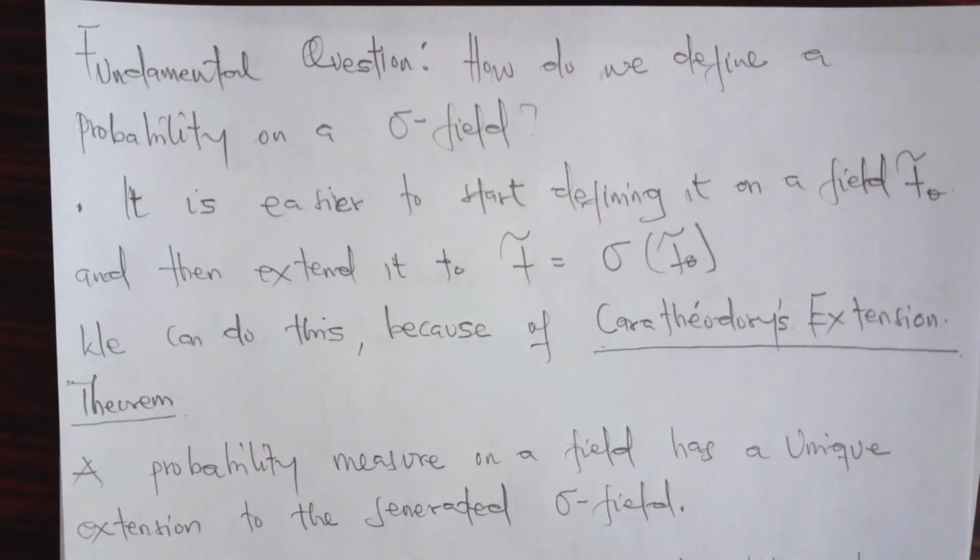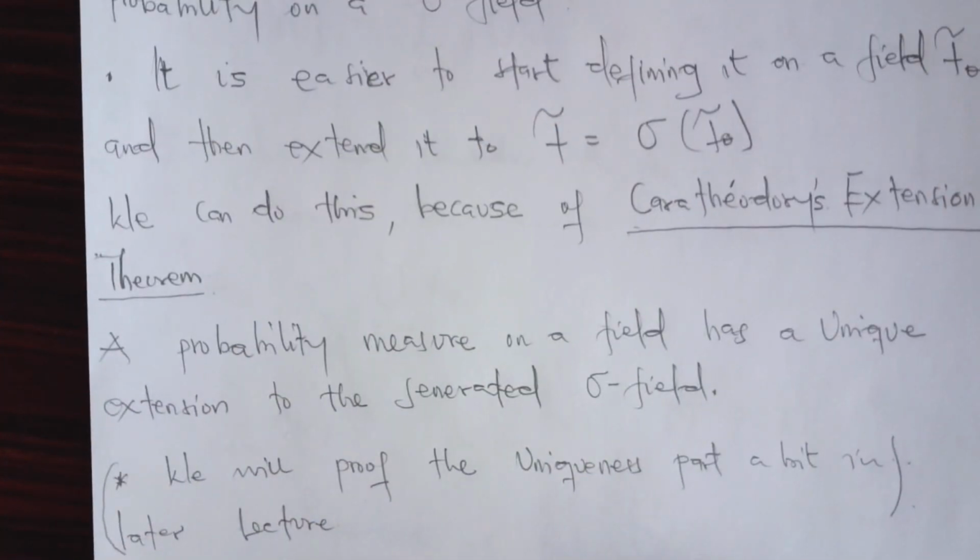That's the Caratheodory extension theorem. We state that a probability measure on a field has a unique extension to the generated sigma field. We will prove the uniqueness part in a later lecture.